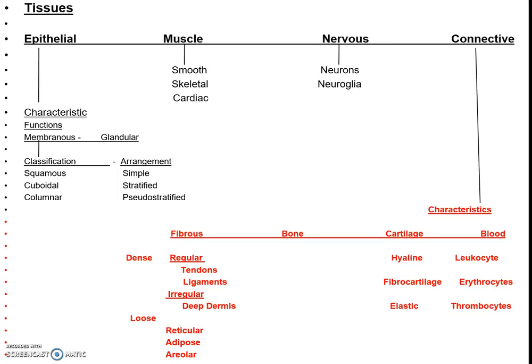The ground substance could be anything from water, like the plasma of the blood, which is the matrix with water as its ground substance, to something like chondroitin sulfate, which would be the ground substance in something like bone. But anyway, let's look at some of these and point out some of these characteristics.